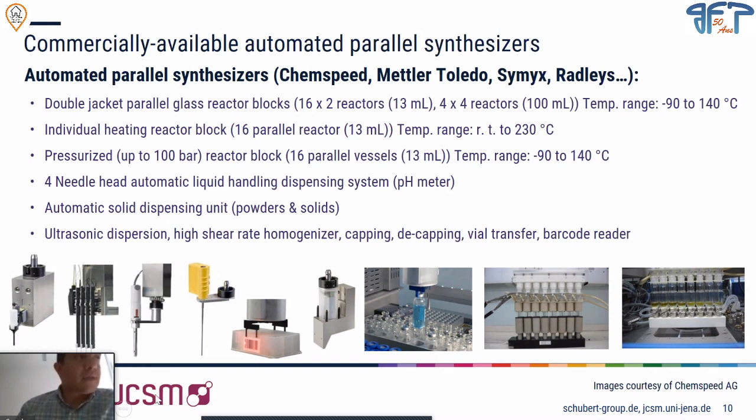A homogenizer in case you need something which is very challenging to dissolve. An ultrasonic probe, for instance, and microtiter plates that can be transported or filled up with different samples or solvents. A barcode reader to keep control of the different substances and experiments. All in all, they are very versatile machines, but of course, sometimes not everything goes so smoothly, and there are limitations as well.